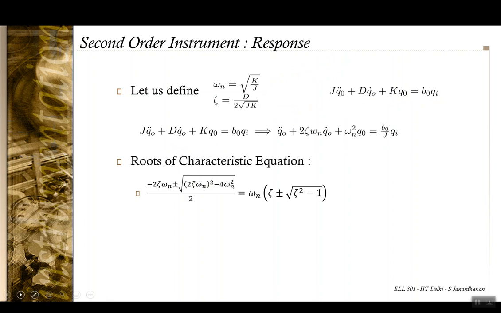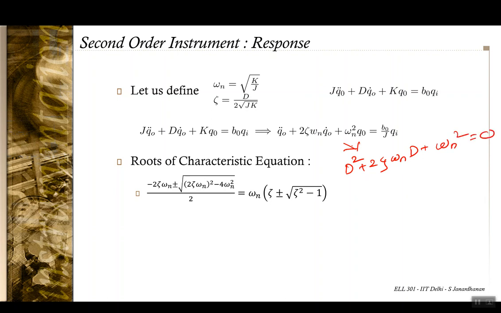Now if you look at the characteristic equation, that is the roots of this equation equal to 0, that is D square plus 2 zeta omega n D plus omega n square equal to 0.